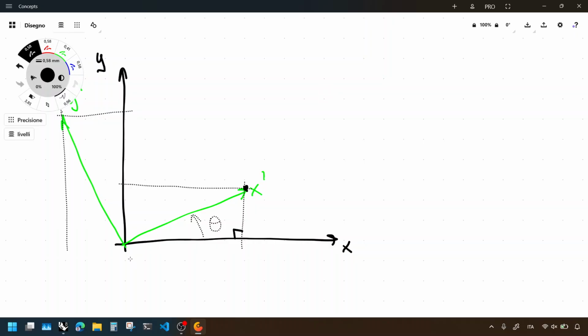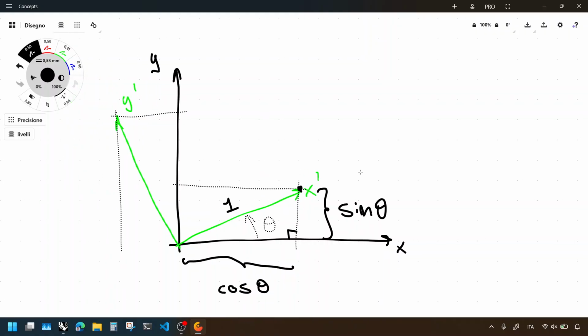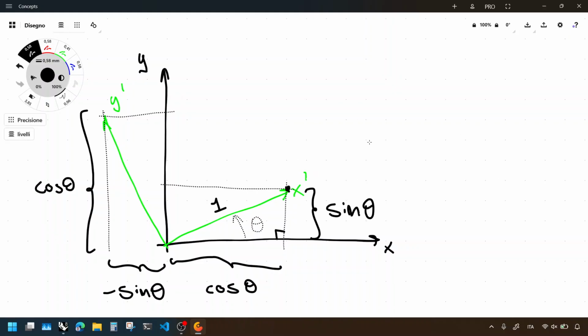Assuming the length of x is just 1, this x component is the cosine of theta, and this y component is the sine of theta. Similarly, this will be the cosine of theta as well, and this would be minus the sine of theta. So we now know how to make up a matrix to rotate stuff around.